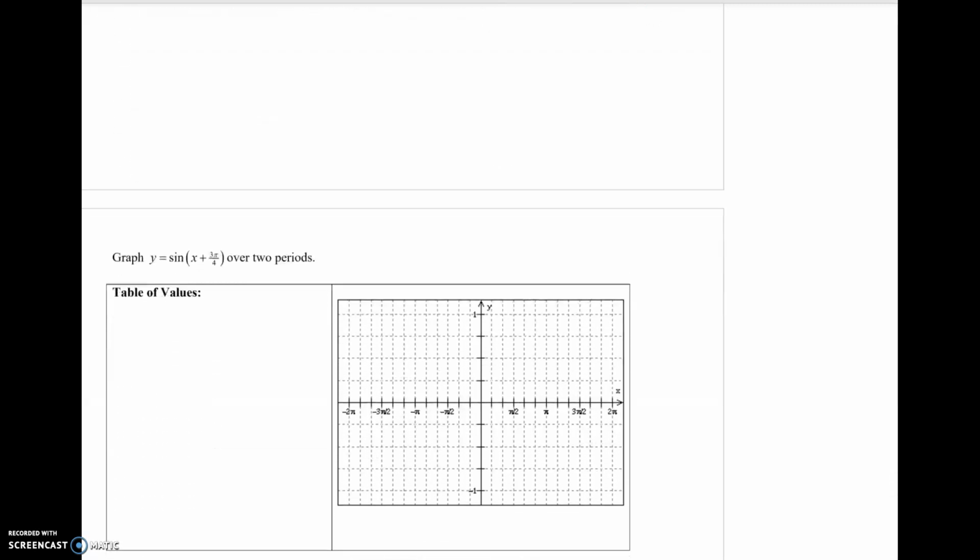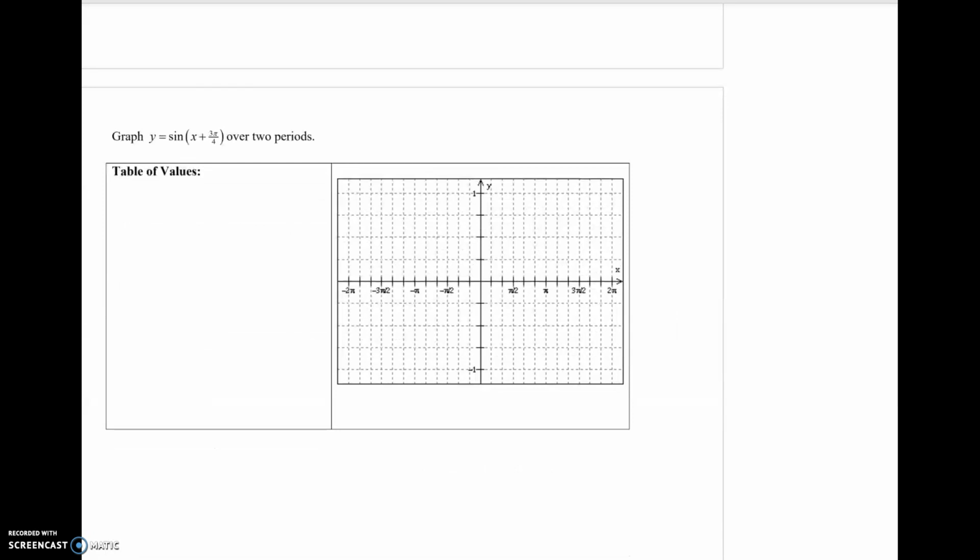All right, so let's try to graph sin of x plus 3 pi over 4 over 2 periods. What I want to do is exactly the same methodology. Based on my trigonometric circle, where do I have the sine of my angle, and in that case the angle is x plus 3 pi over 4?